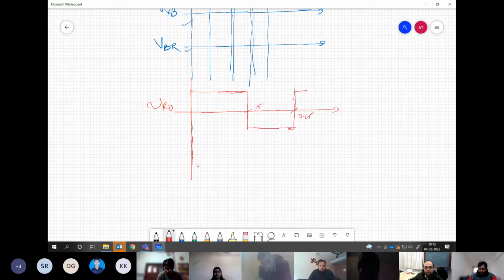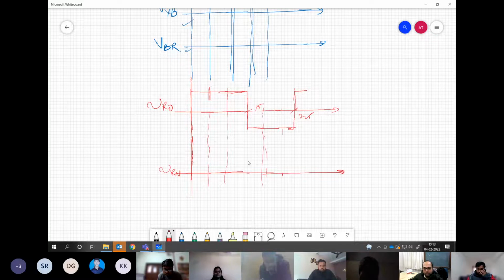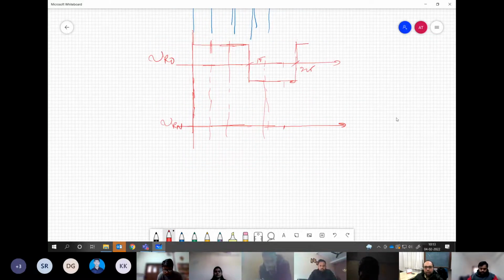Now what you might be getting, those who have done it will understand this. VRN basically has a different shape. Let us say I divide this entire cycle into 60-degree angles. So how it looks like, the voltage levels are different.